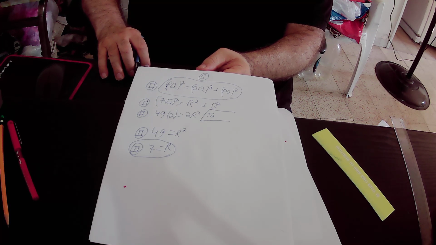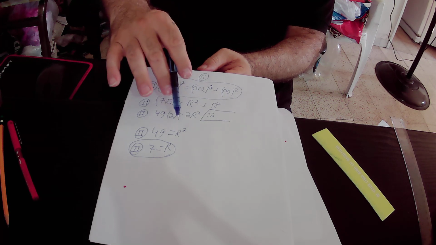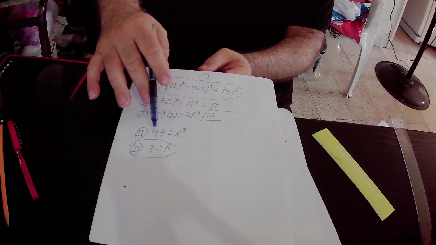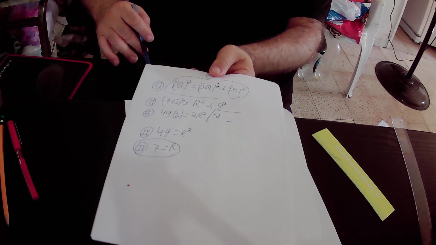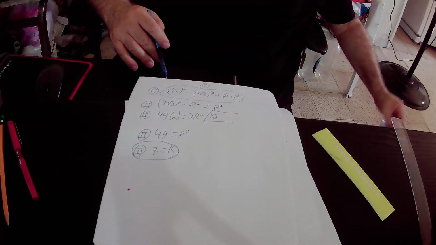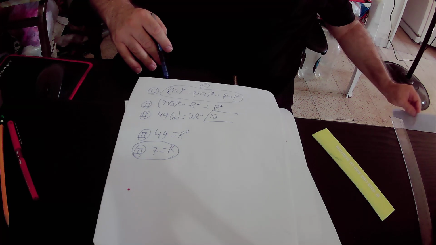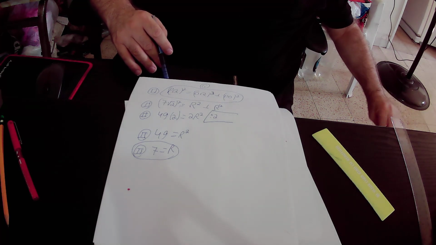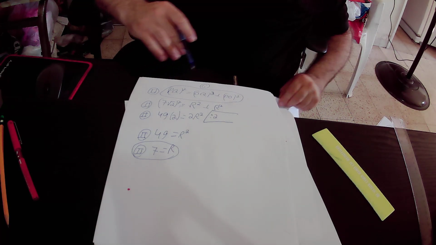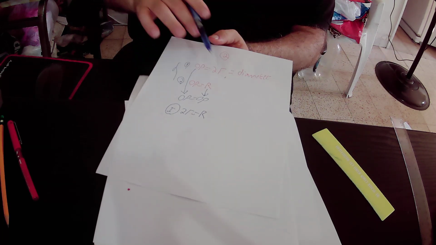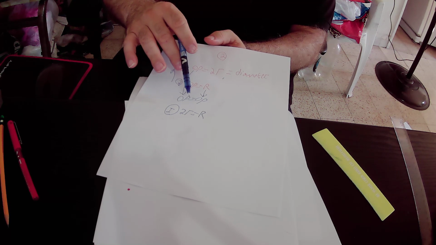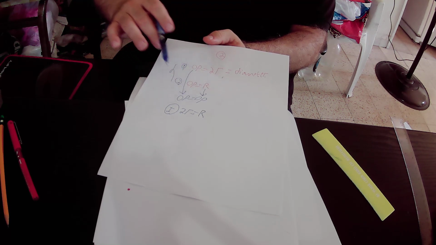So the radius of the semicircle, that is to say capital R, equals 7 units, but according to equation number 1, we know that capital R also equals 2 small r's.